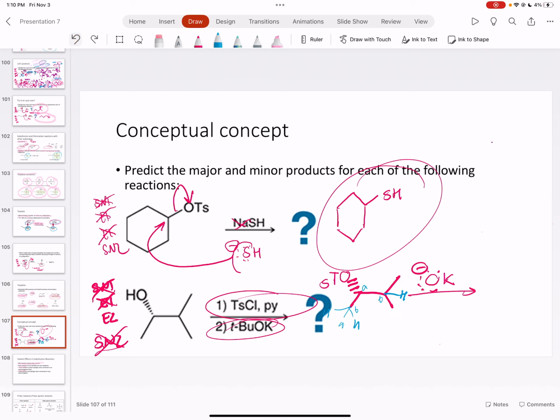So it's going to be really hard to tell priority groups, so we don't really have to look at that. But we can infer we're going to have two different products, just because in here we have only one hydrogen, while in here we have three hydrogens. So we're going to have a total of two products.